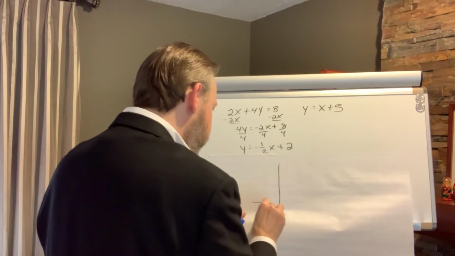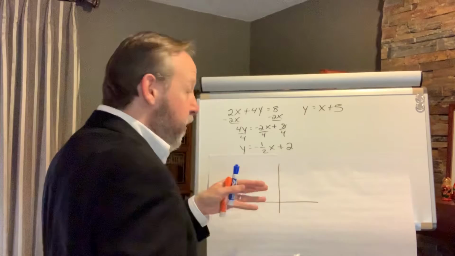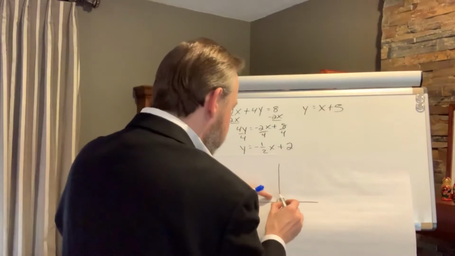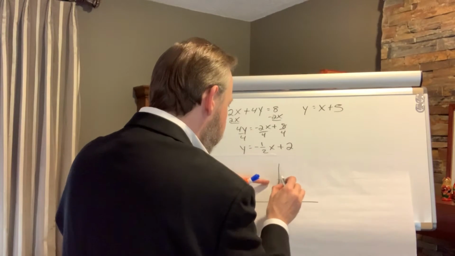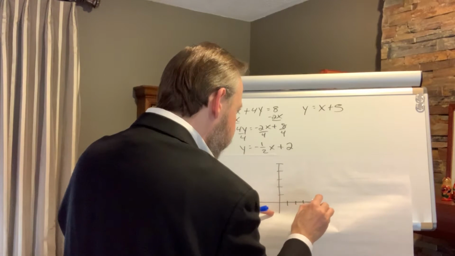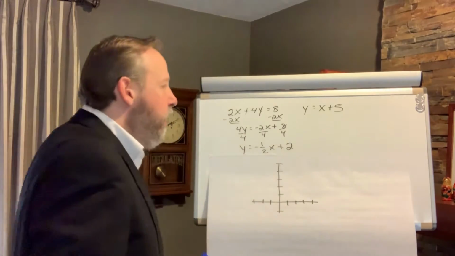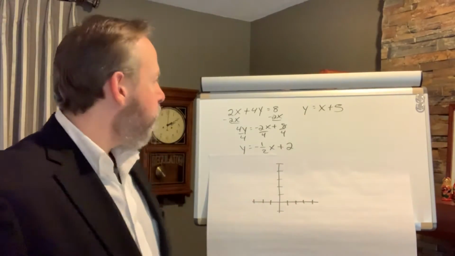So here's a grid, and I don't know if you can see the grid lines, but I'll put them here. 1, 2, 3, 4, 5. I'll also put some on the x-axis. And let's see what's going to happen.